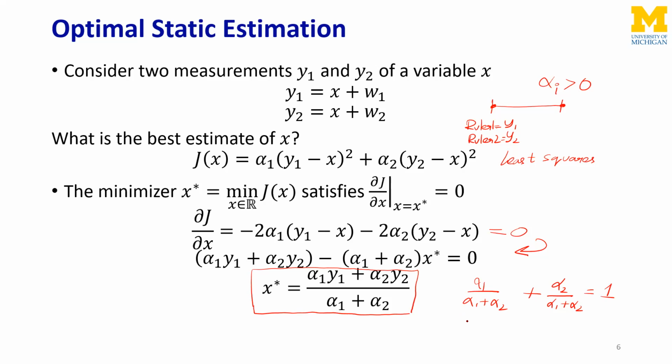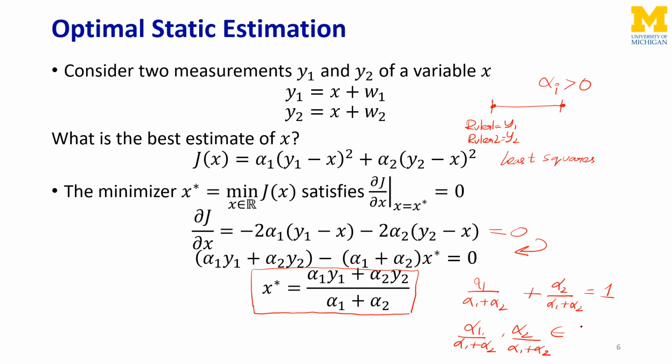And the second thing is that the weights of the measurements are actually between 0 and 1. Alpha 1 and alpha 2 are not the weights. Alpha 1 over alpha 1 plus alpha 2 is the weight. So yeah, you got to be a little careful about that.